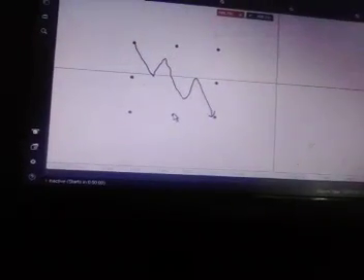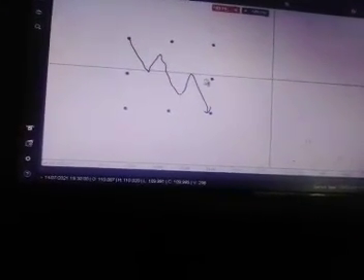This is another very common price action pattern. Double bottom, double top is a very common price action pattern. Let me start with the double top. This happens when the market is in an uptrend.